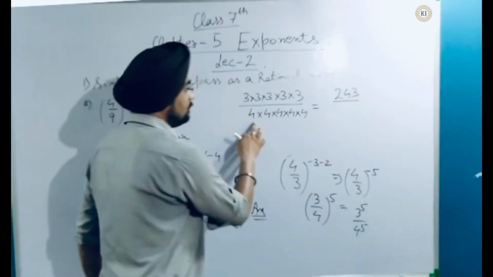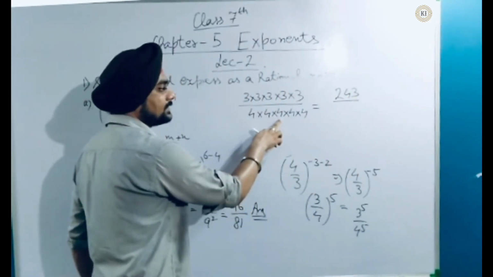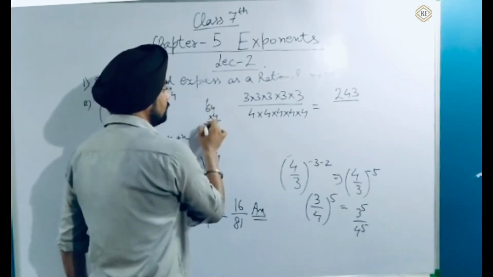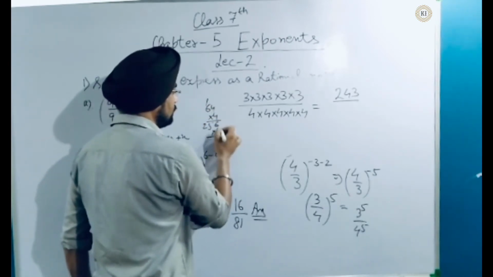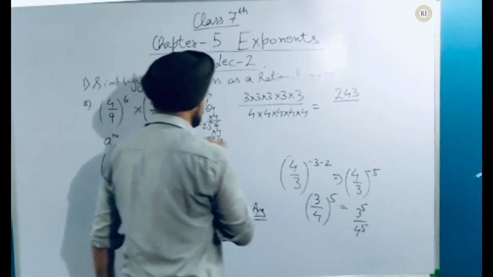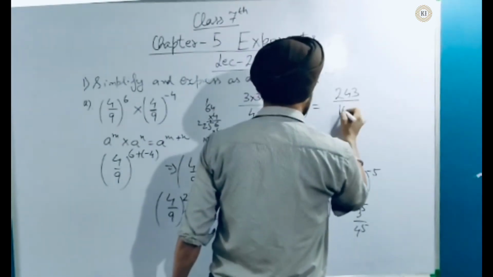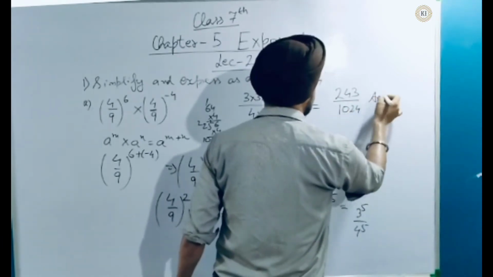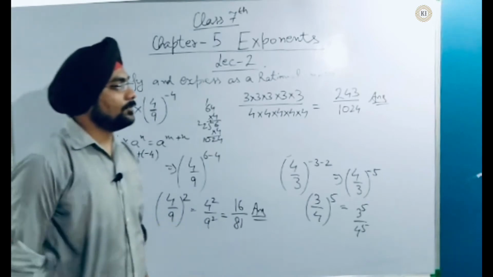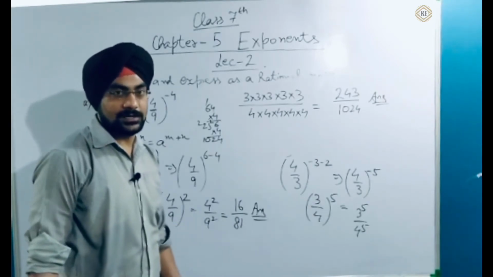And for this value, 4 4s are 16, 16 4s are 64, 64 into 4 will be 256, 256 into 4 is 1024, and this will be your answer. And you can see that 243 upon 1024 will be your rational number.